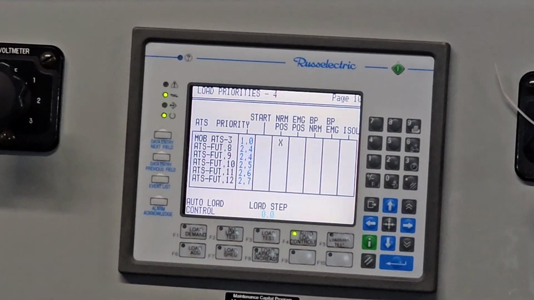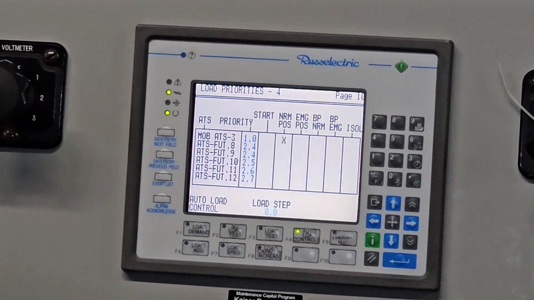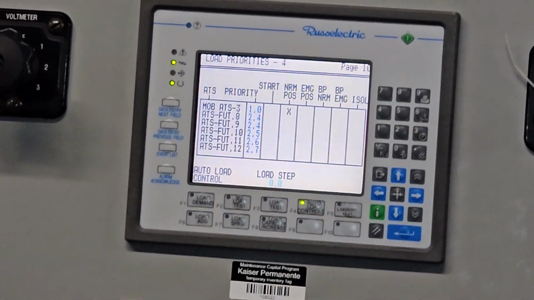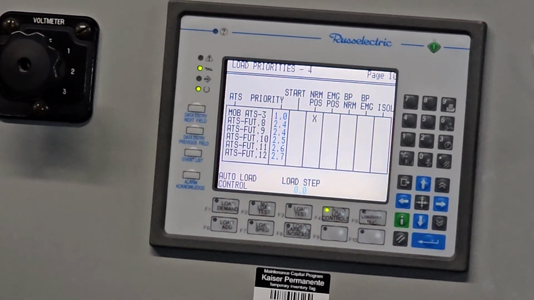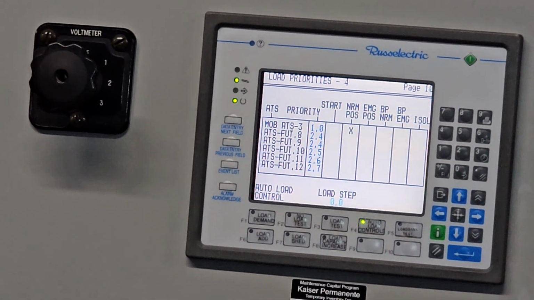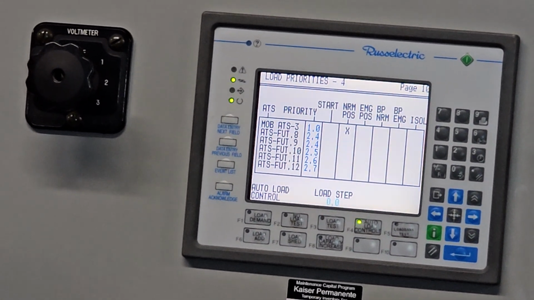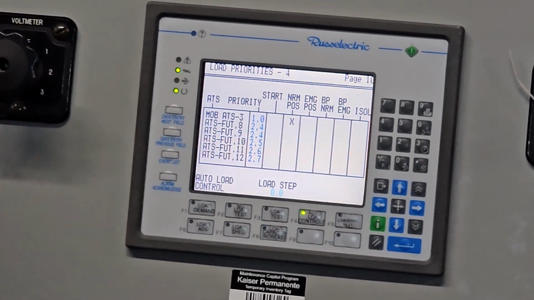And going backwards, when you are adding them, priority 1s are the first ones that transfer. So we got the first generator online. When that breaker closes, the system sends a signal to the priority 1s to say, go. So all those ATSs transfer. And then when the second generator syncs and closes, all the priority 2 are added.